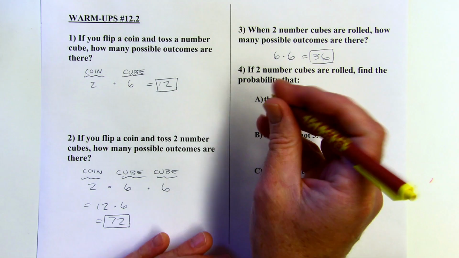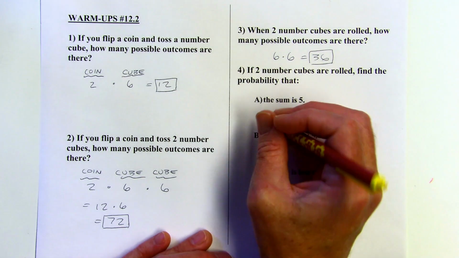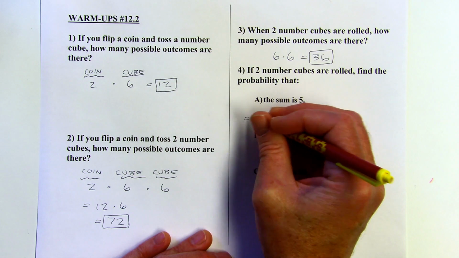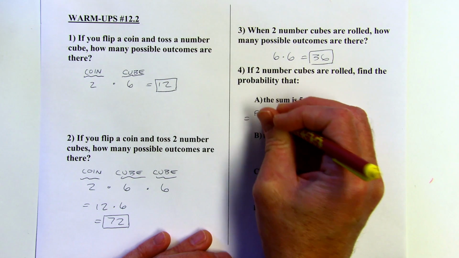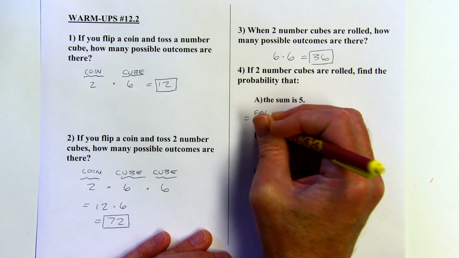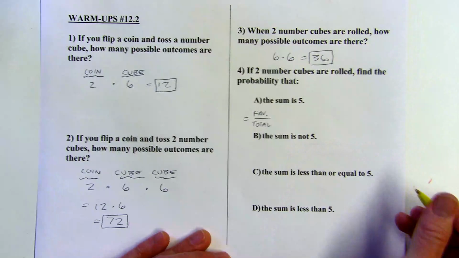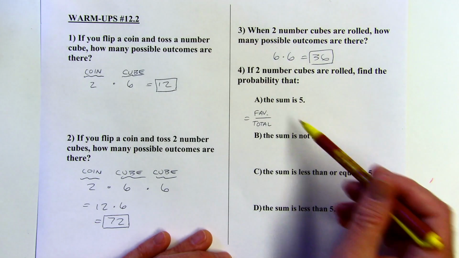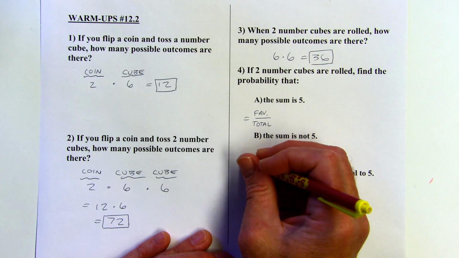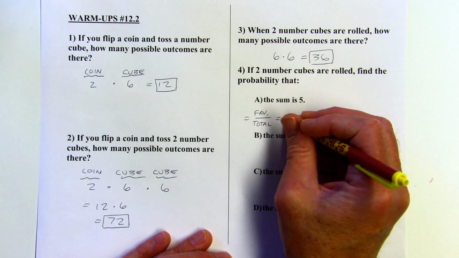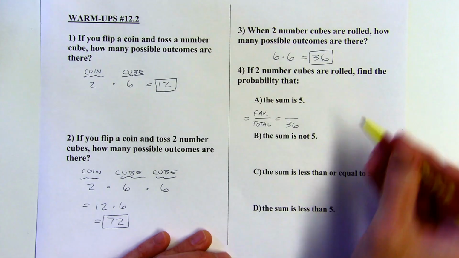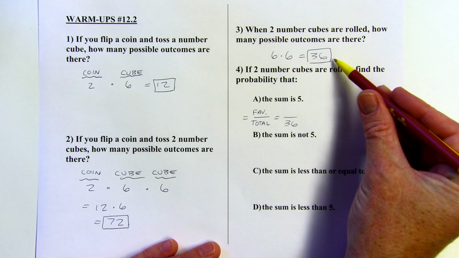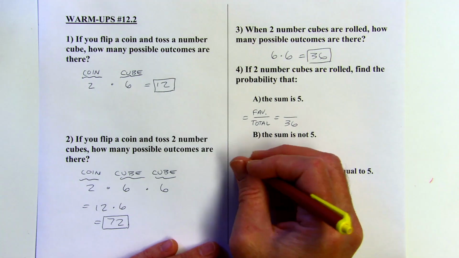For all of these, we're going to be looking at the number of favorable outcomes over the number of total outcomes, because that's how probability works. So since we're rolling 2 number cubes, it's going to be something over 36, right? Because there's 36 different ways it could shake out.